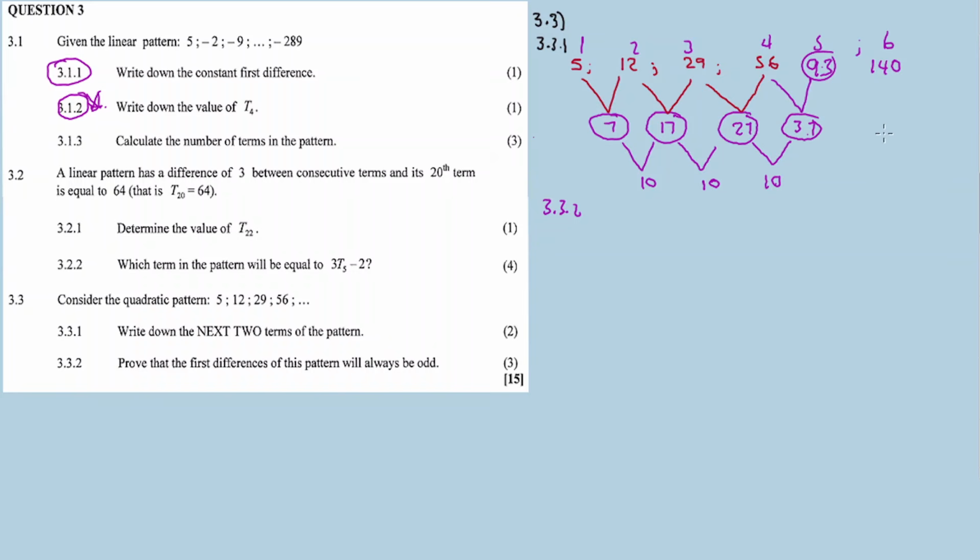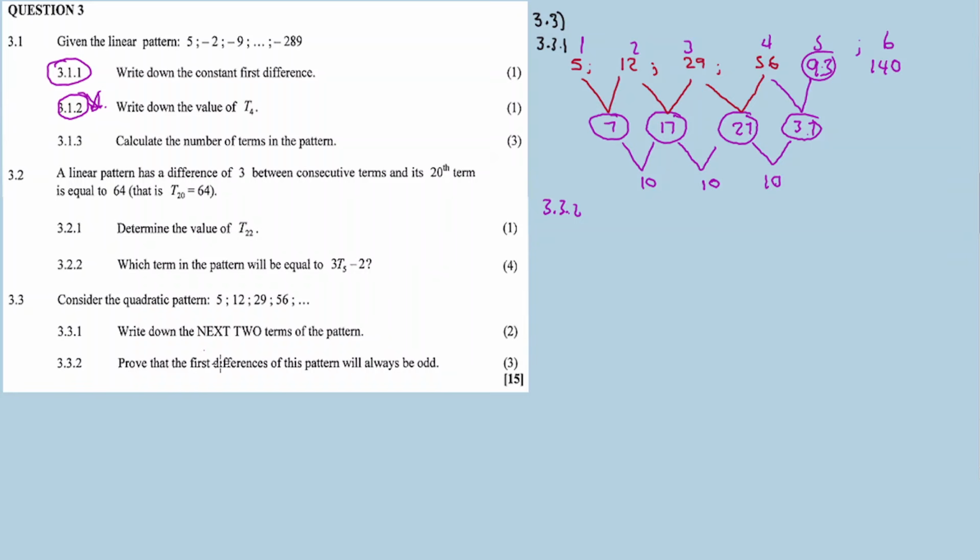It's obvious, they are odd numbers, right? Prove that the first differences in this pattern will always be odd. As you can imagine from the figure, 7, 17 are odd numbers. What more do you want?